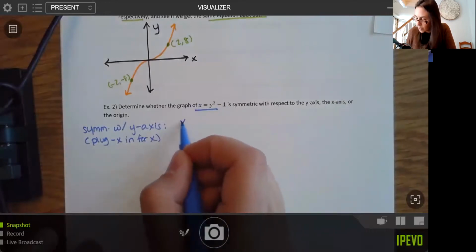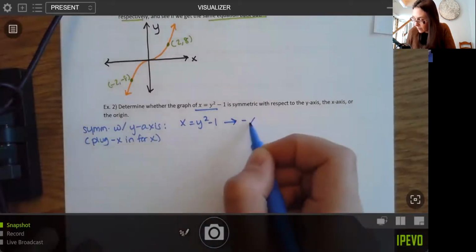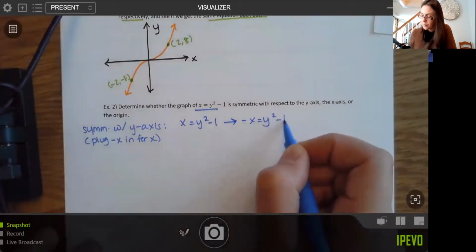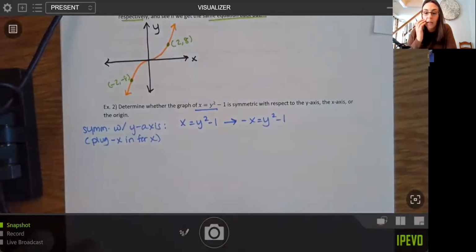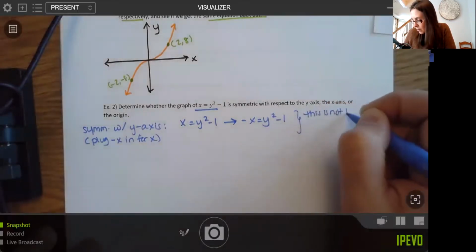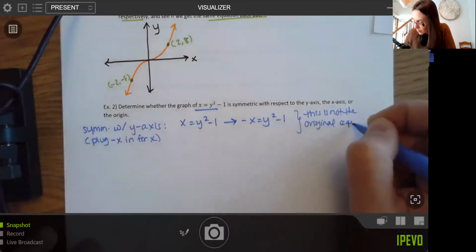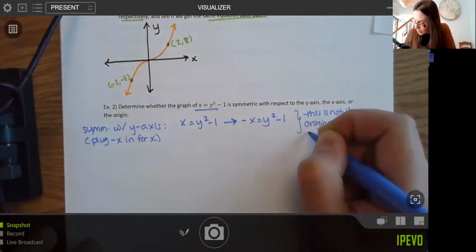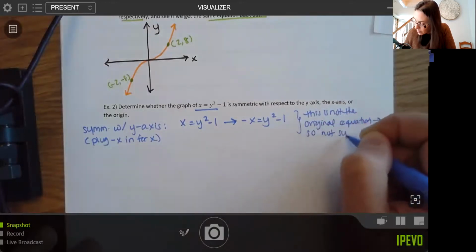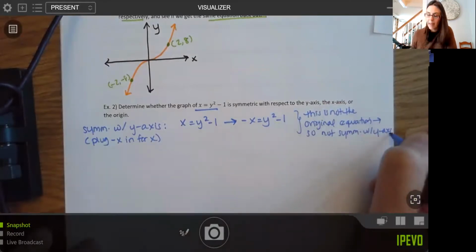I have my original function, and I'm going to replace x with negative x. And then if you can, you would simplify. So here I can't simplify at all. And you see, did you get the original function back out? So this is not the original equation. So not symmetric with the y-axis.